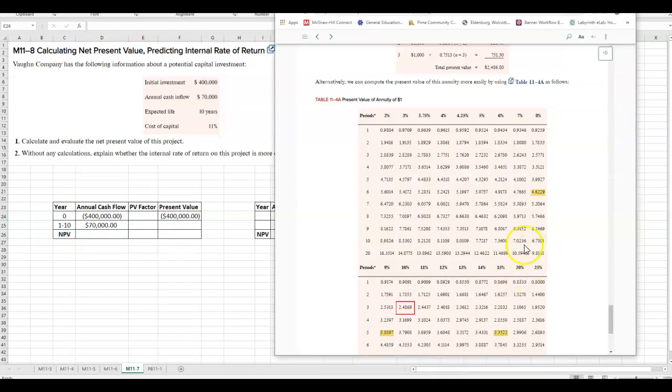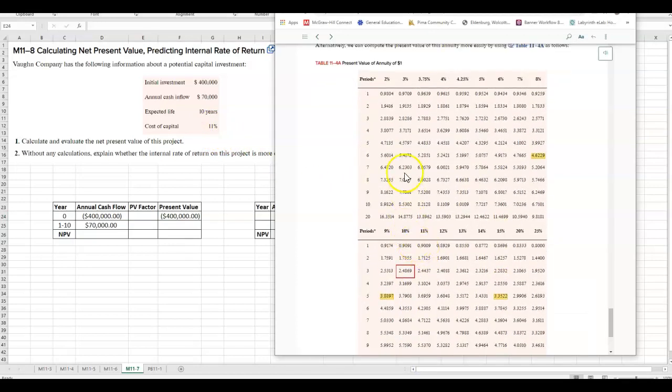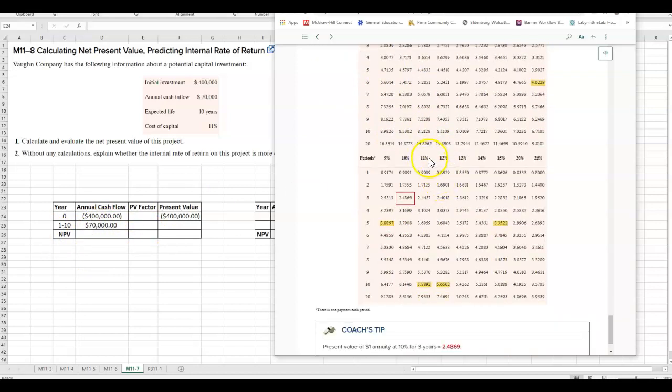We need to find the present value factor for that. So we're going to use cost of capital 11%, and we're still going to use the present value of an annuity table because it's a series of payments. So we go to 11% cost of capital, and we go down to 10 years.